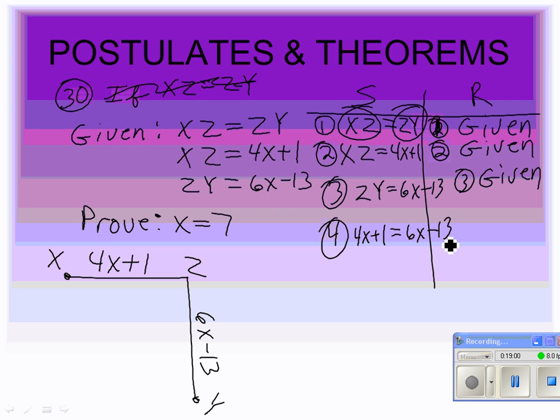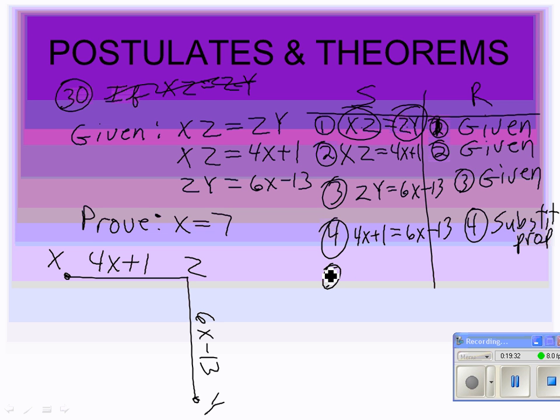Now, do I have an equation that I can solve? Yes. How do we know that? What did we use? Substitution property would work. All we did was substitute in place of that, in place of that.